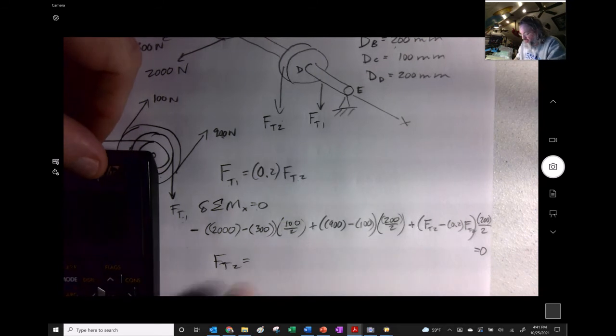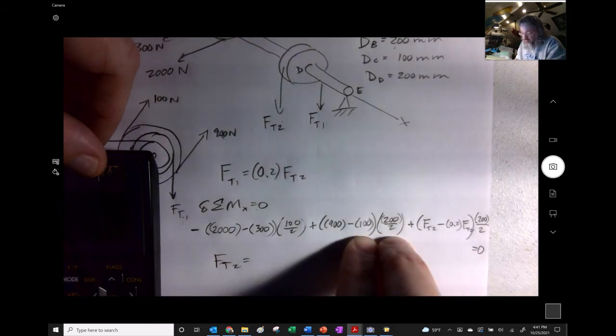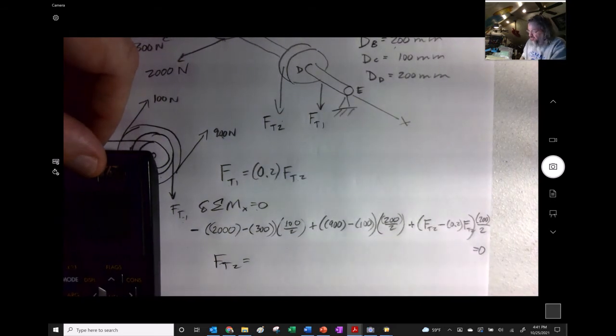So we're going to go 2,000 minus 300, boom, times our 50. Exciting, all right? And then we're going to subtract out this right here. So 900 minus 100, so that's 800, times our 100, boom. We're going to subtract that out.